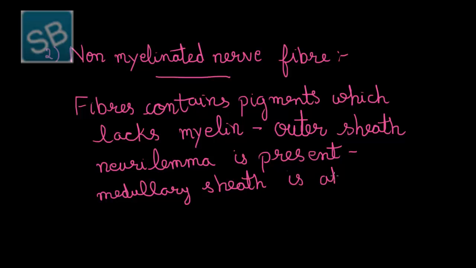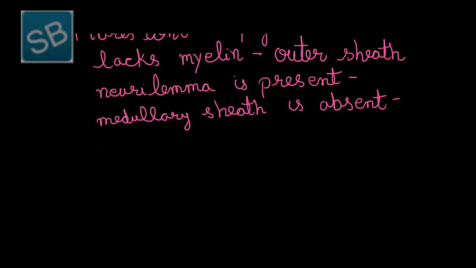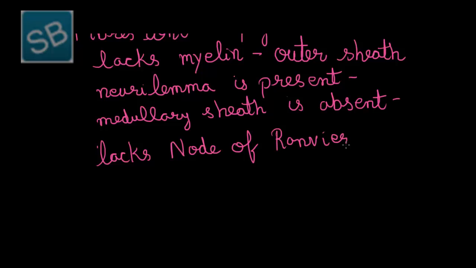Therefore, these types of nerve fibers are single sheathed or single layered. These types of nerve fibers also lack the nodes of Ranvier. These are the types of axons.